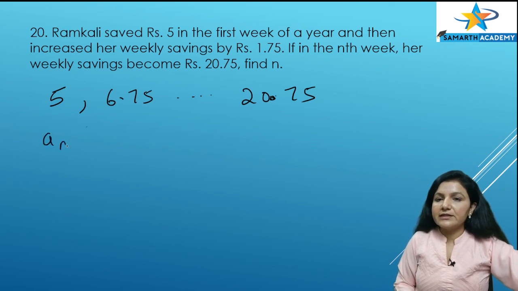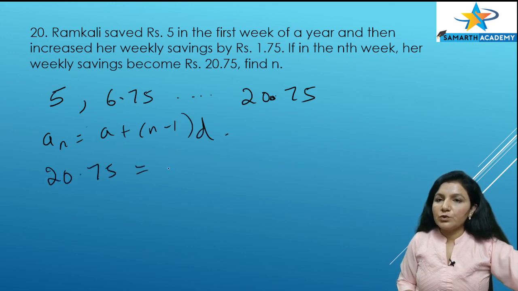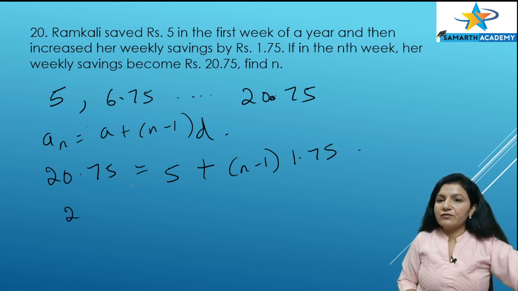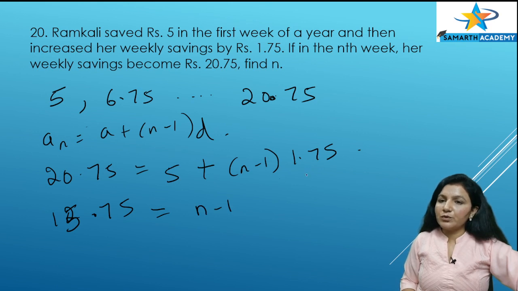So write an is equal to a plus n minus 1 into d. We'll substitute the given values. 20.75 equal to 5 plus n minus 1 into d, that is 1.75. So send 5 that side. 20.75 minus 5 will become 15.75 equal to n minus 1 into 1.75.